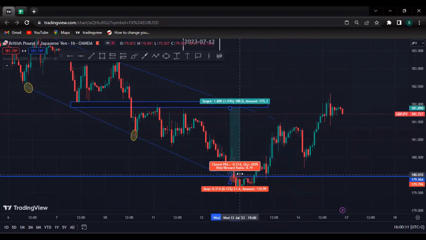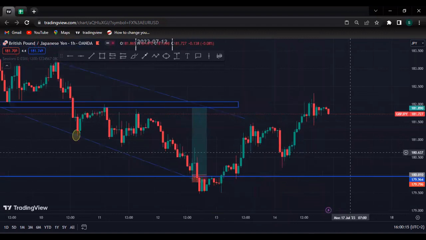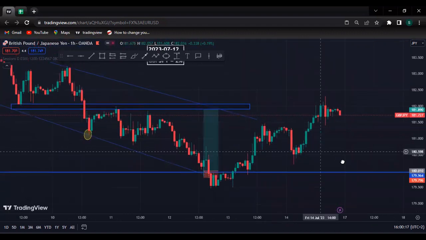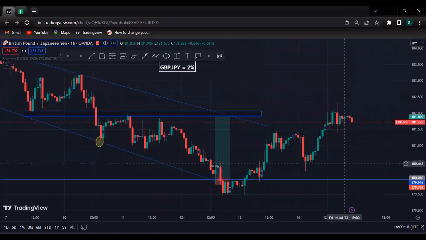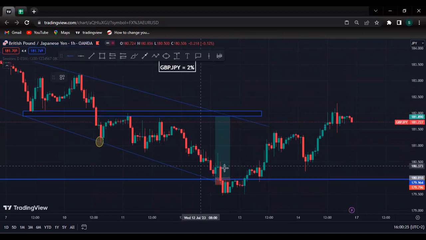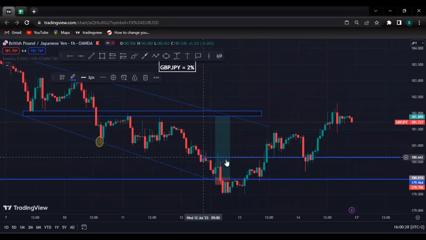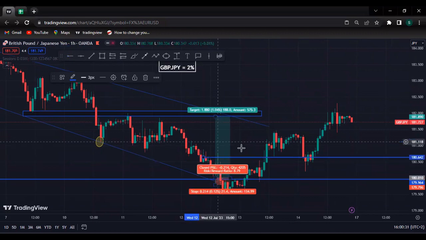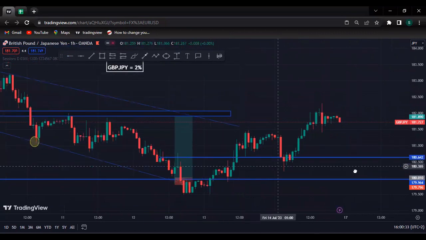So let me also just do this. My take profit was up there. And my TP1 was set at 2%. I think my 2% mark was, yeah, actually it was over here, right over here, because I remember it wicked up, but didn't close above.